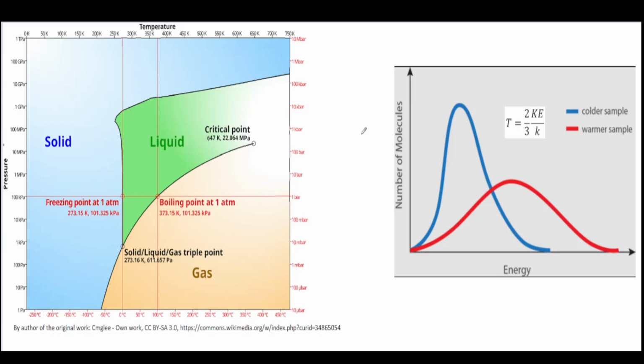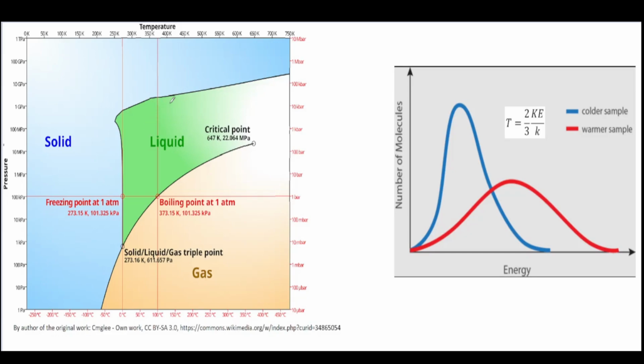two fundamental concepts involved in this phenomenon where you can get it to freeze under vacuum. One is that materials have different phases. They're in different phases depending on the temperature and pressure that the material is under.